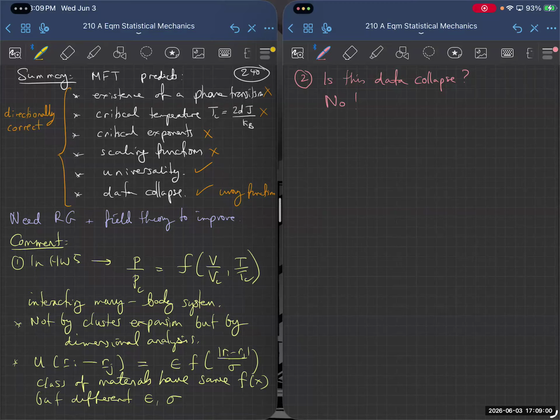When does the data collapse I'm talking about in this lecture occur? Phase transitions, it occurs near the phase transition. This data collapse, the one I just showed you on the left-hand panel, when does that occur?